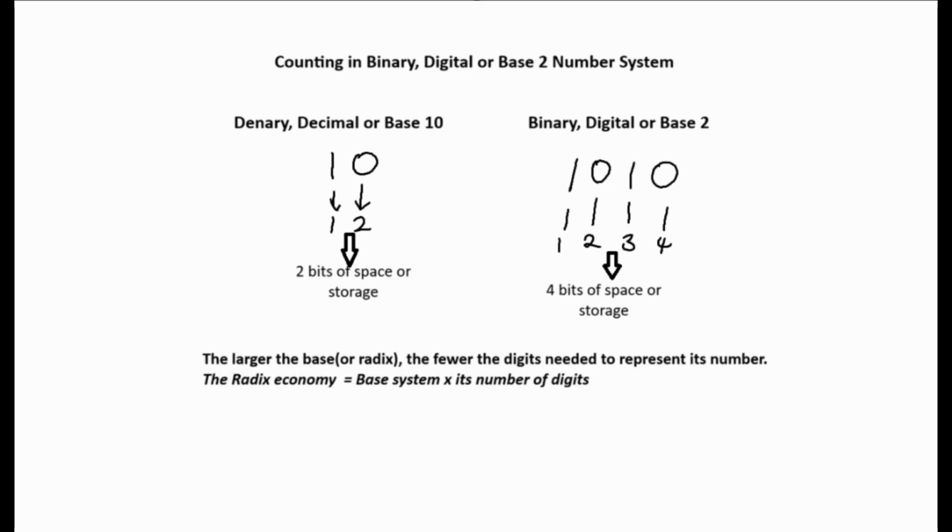So, the larger the base system, the fewer the digits needed for its number to be represented. Now, let's move on to converting from base 2 system to the denary or decimal system.